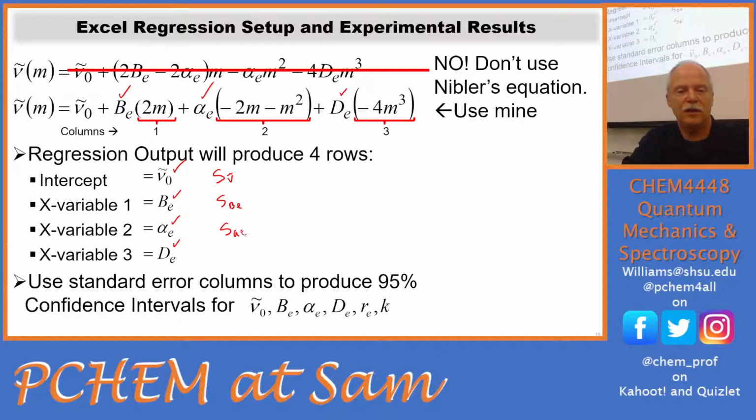Alpha E and SDE. This is the thing that you're really wanting out of that regression analysis. It's an analysis of variance, and it'll tell you how sure you are about each of those values. This is where you get 95% confidence intervals on your bond length. So you've got the rotational constant here, and you're going to turn that into the bond length, okay?